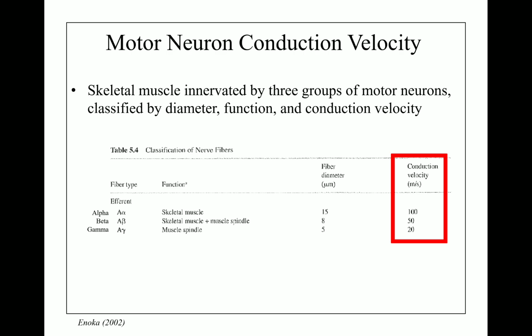Let's think for a second. What correspondence do you see between this and this? Someone I haven't heard from today. What's the relationship between diameter and velocity? Carter: Larger cross-sectional area equals faster conduction velocity.